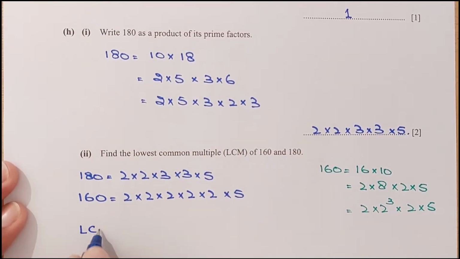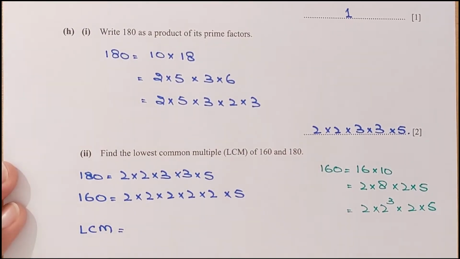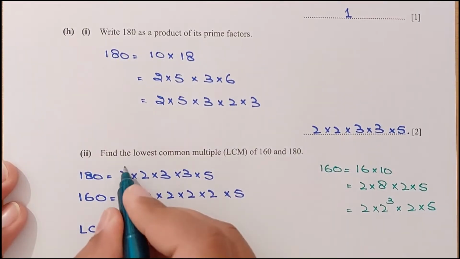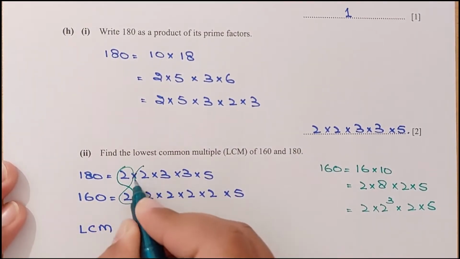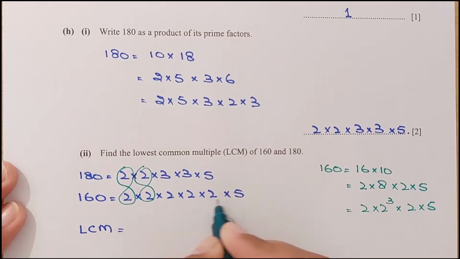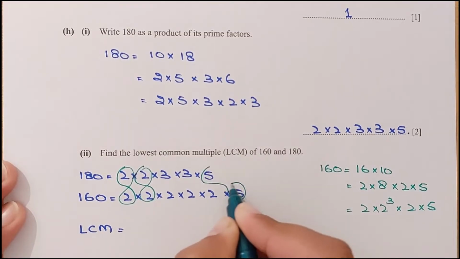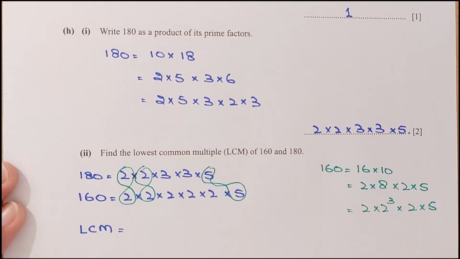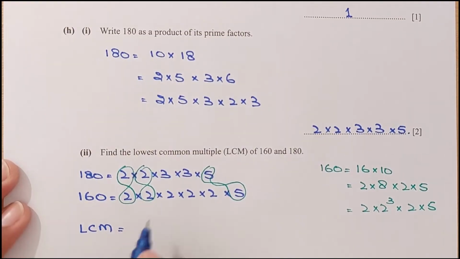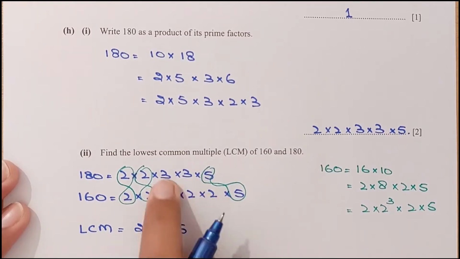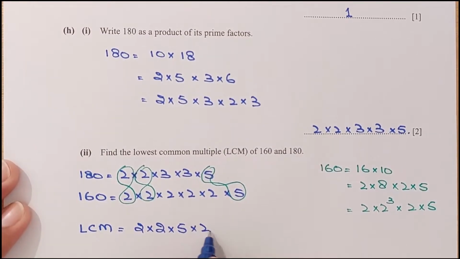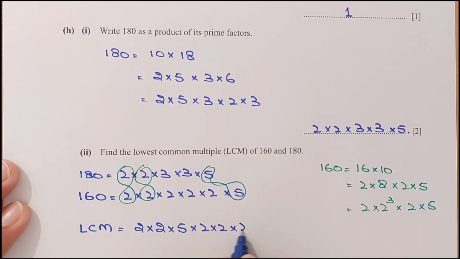Now for the LCM, we have to pick the common factors first. 2 is common, 2, 2, 2, and this 5 is common. Let me write down the common ones: 2 times 2 times 5. Now the rest of the uncommon ones are 2, 2, 2 and 3, 3, times 2 times 2 times 2 times 3 times 3.